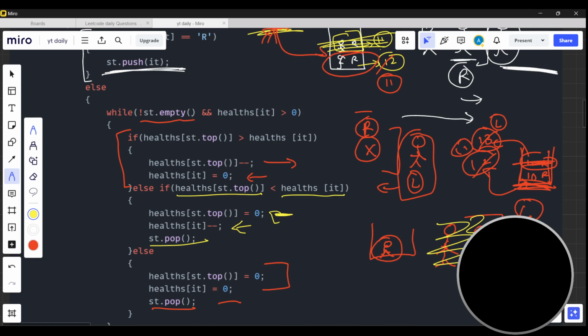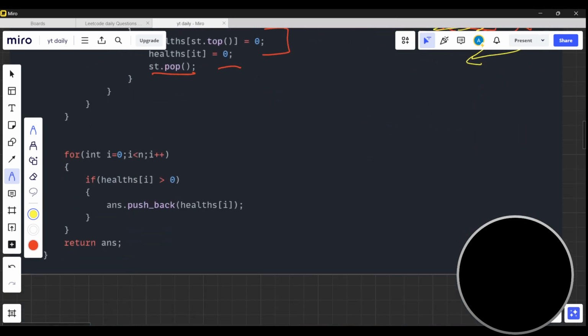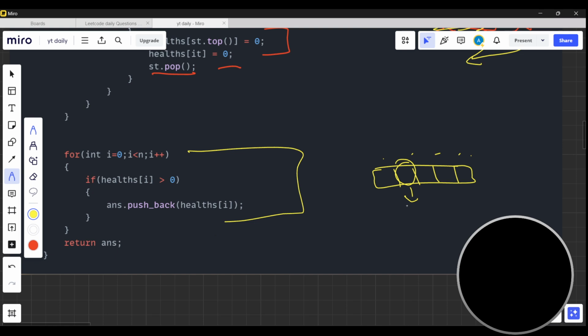So that was the reason I'm never putting my left moving robot in the stack. Oh, it does make sense. After that, I can just run a loop over the health array, and if the value is greater than 0, I will just put it in my answer vector.